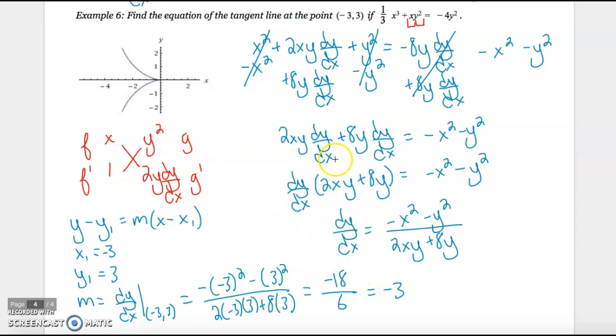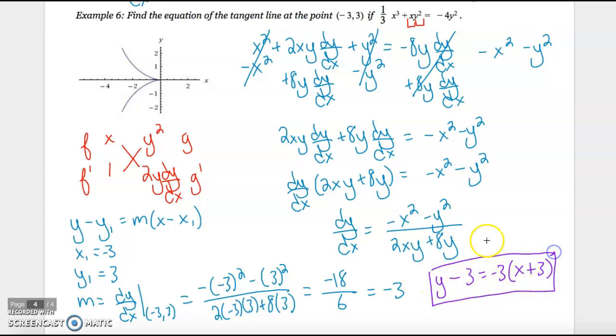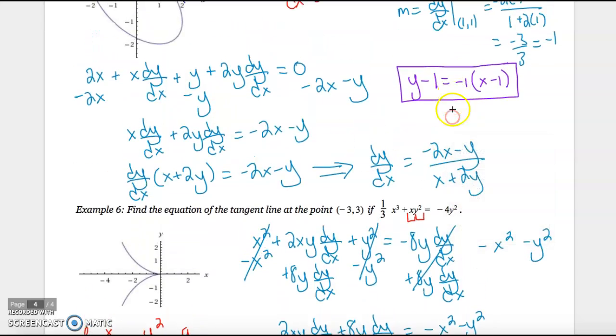Then the last step, to write my equation of the tangent line: y minus my y1, which was 3, equals m, which is negative 3, times x plus 3, because it's x minus a negative 3. I promise that all of your equations of the tangent lines don't always end up being the same number. They just happen to be for these last two.